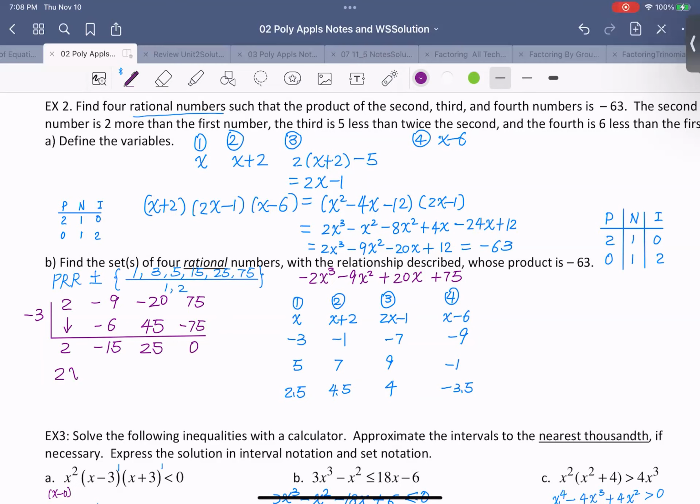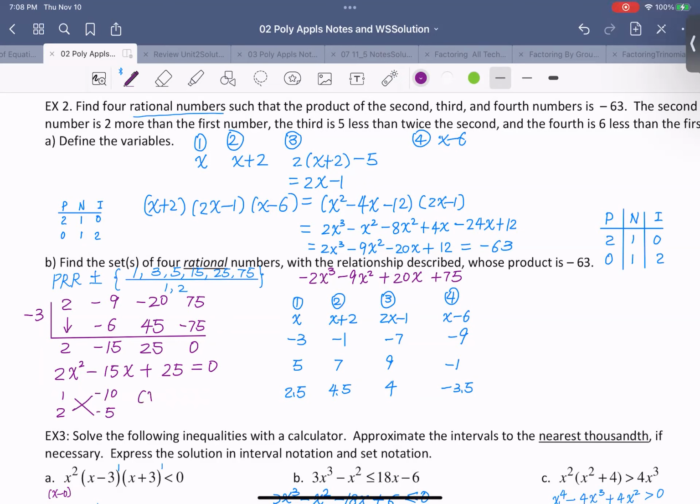After you have that, you have 2x squared minus 15x plus 25, right? Okay. And then how do you do this one? Cross multiplication, and I get 2x squared minus 10x, and then -5x.